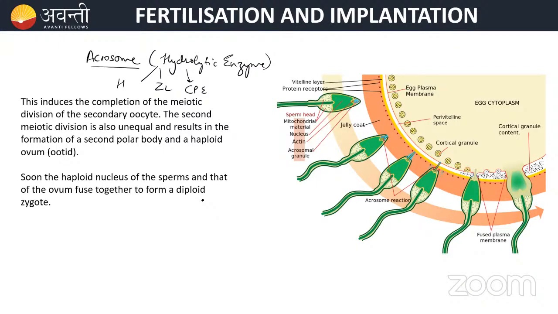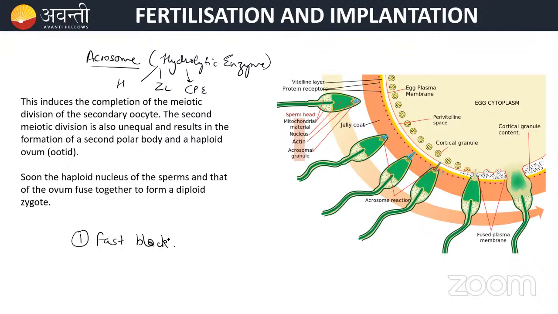Now, when the sperm comes in contact with the plasma membrane of the secondary oocyte after crossing these three barriers, the first thing that happens is the fast block. The fast block occurs due to the depolarization of the plasma membrane of the secondary oocyte.